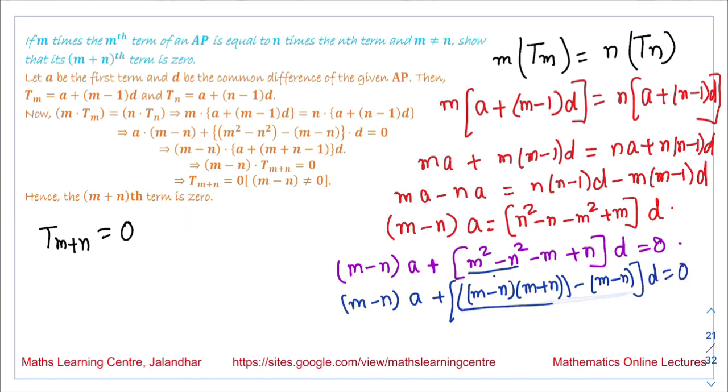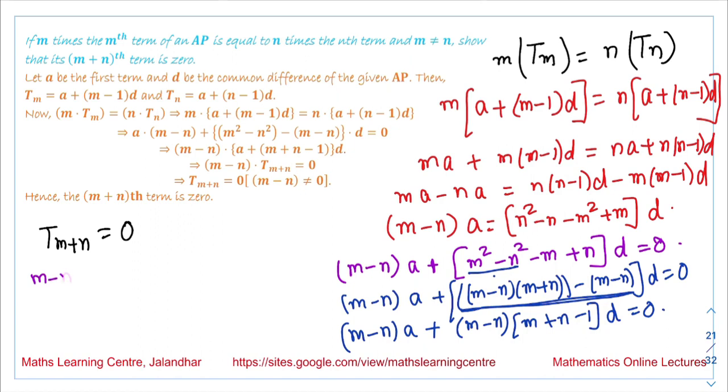So from these terms we take (m minus n) common, and we are left with a plus (m plus n minus 1) d, that is equal to 0.